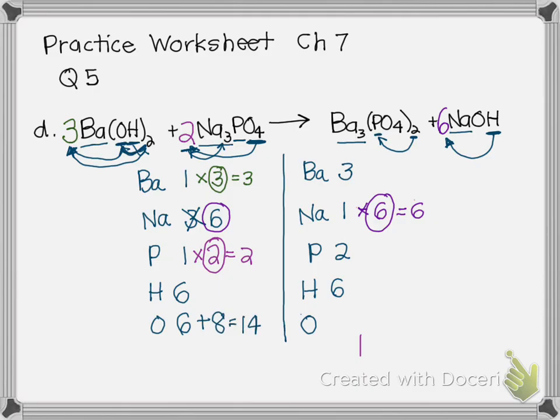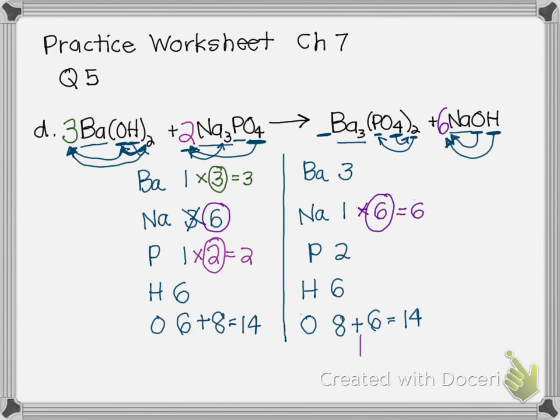Then I do the same thing on the product side. There's 4 oxygen times 2. There's no coefficient here, so it's just 1. So that's 8. And then there's 1 oxygen here, but I have to multiply it by 6. And so then there's 14.